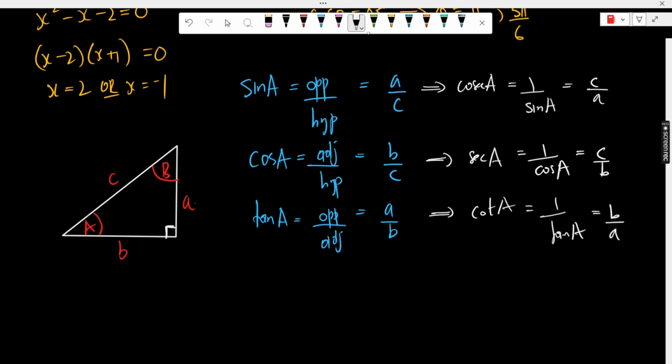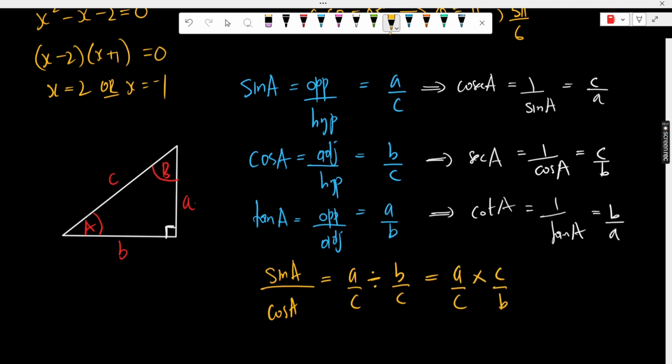So now let's do something here. If I take sine A and divide it by cos A, what is that going to give me? Let me check. If I take sine A and divide it by cos A, then that gives me A over C divided by B over C. And of course, that gives A over C times C over B. When dividing fractions, we reciprocate, or flip, the second fraction, and change the sign to a multiplication.